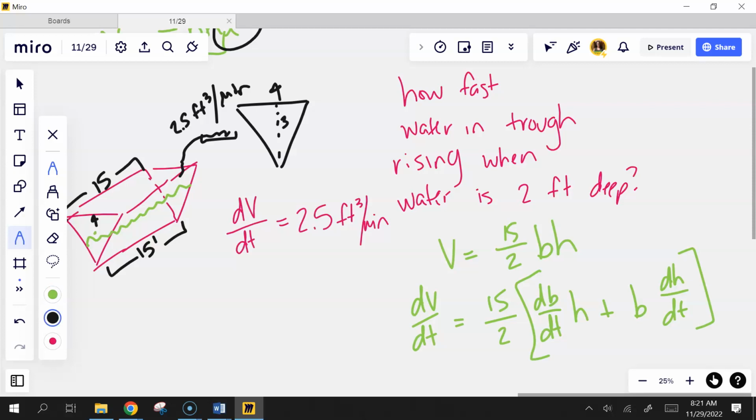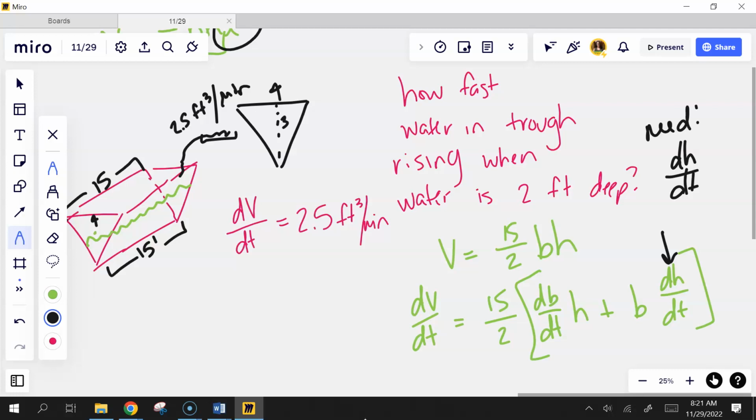What is it that I'm looking for? The rate that what? That's right. This, how fast is it? So I'm looking for, I need dH/dt. And it says when the water is 2 feet deep.